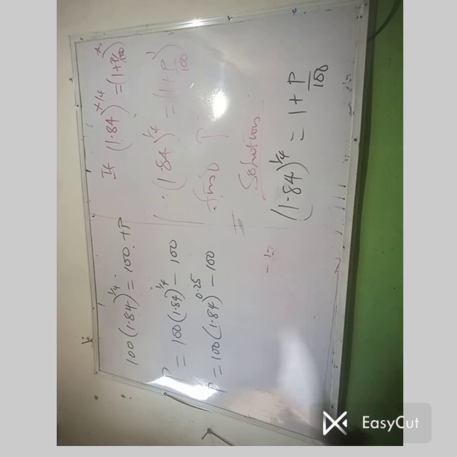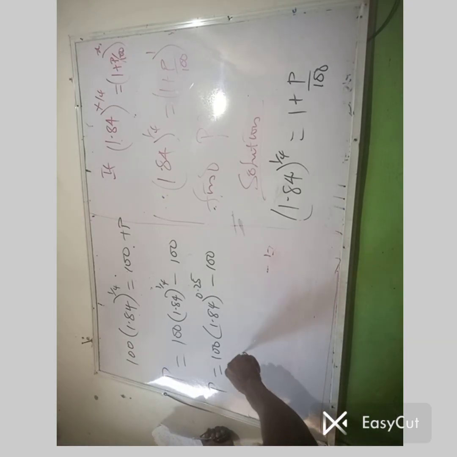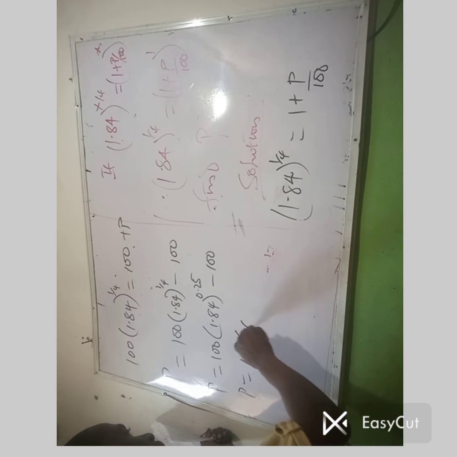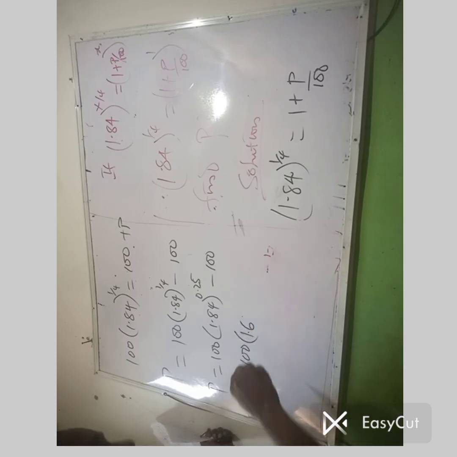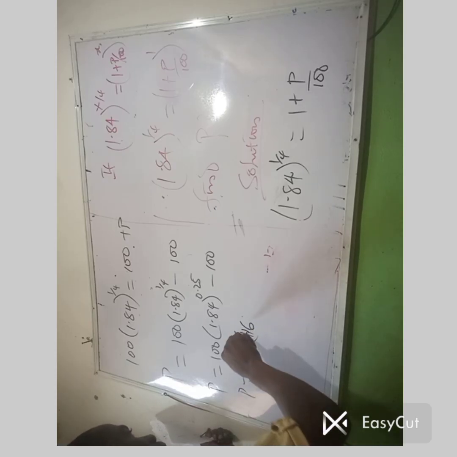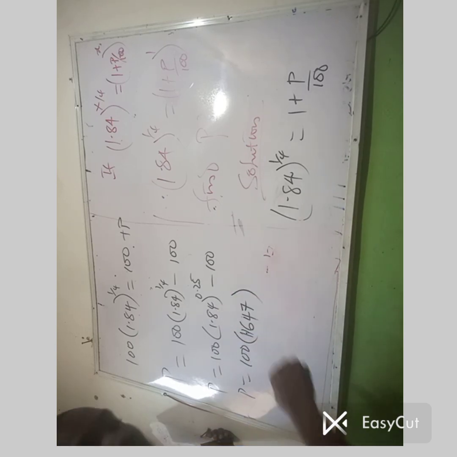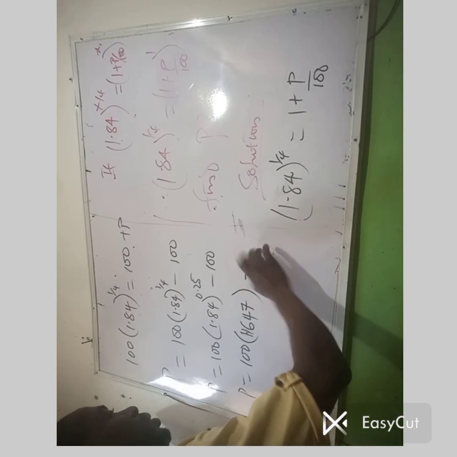So as I said, we first express 1.84 raised to power 0.25, which is 1.1647. We have p equal to 100 multiplied by 1.1647 minus 100.